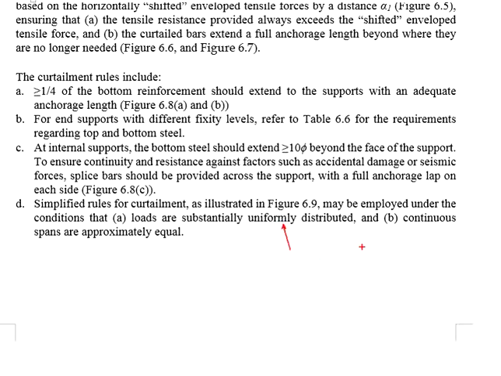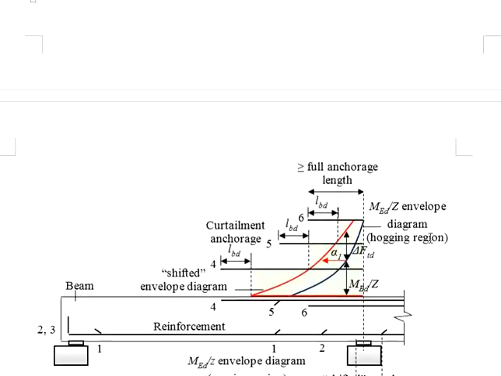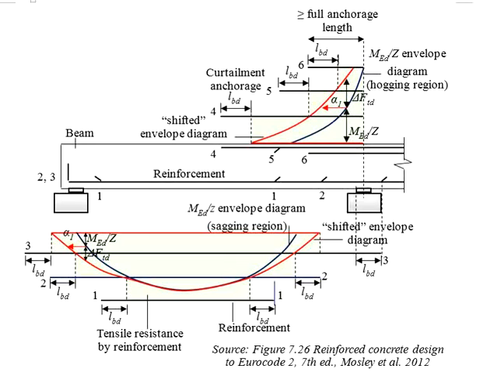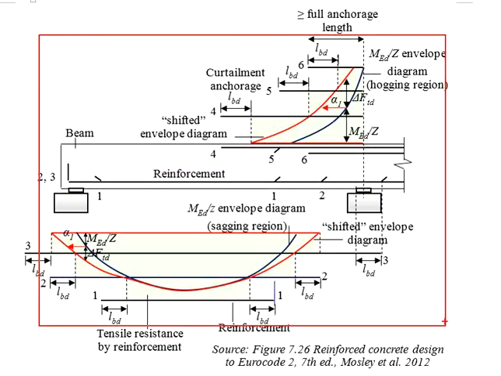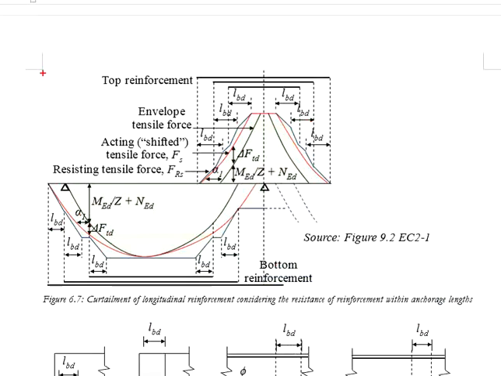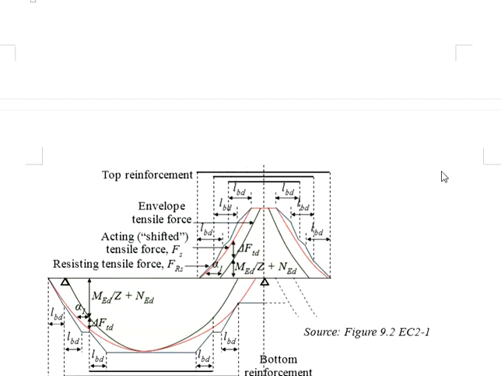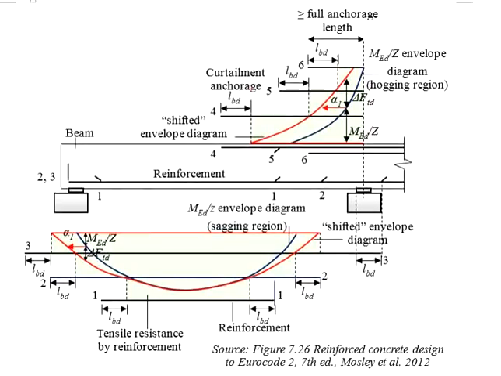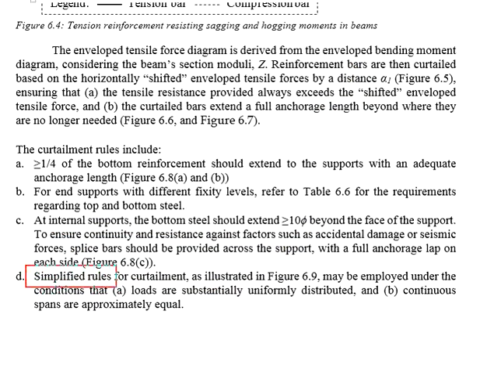If these two conditions are not met, you will have to use the fundamental approach, either the simplified method or the Eurocode method, to work out the curtailments of the reinforcement. As for the simplified rules of curtailment, we will discuss it in the next video.